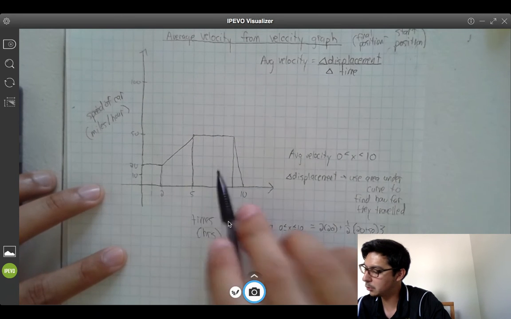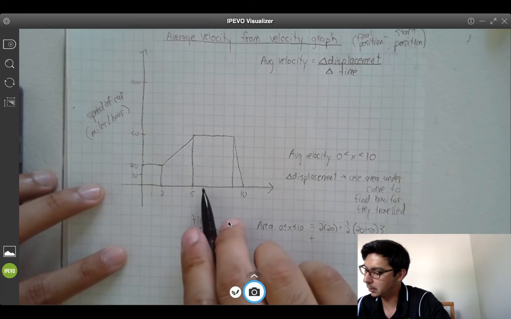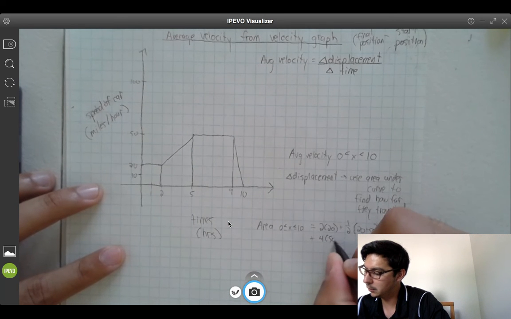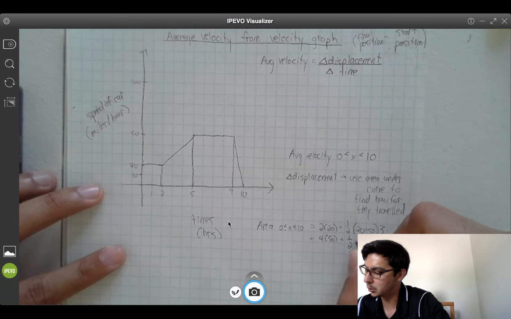That's the area of the trapezoid. The area of this rectangle here will be 4, because that's at 9, times 50, plus the area of that triangle at the end, which is 1/2 the base times the height.